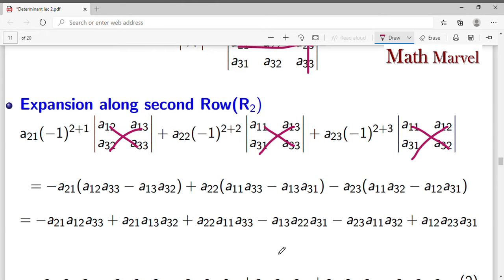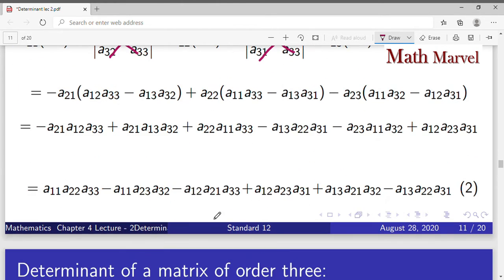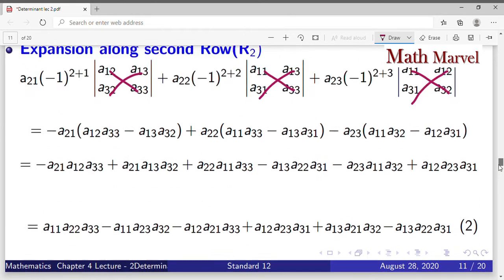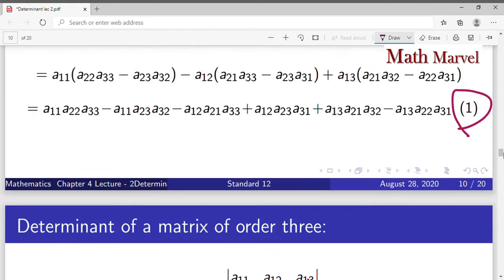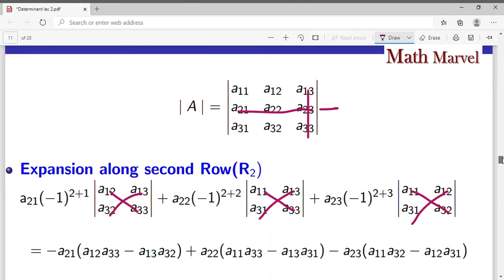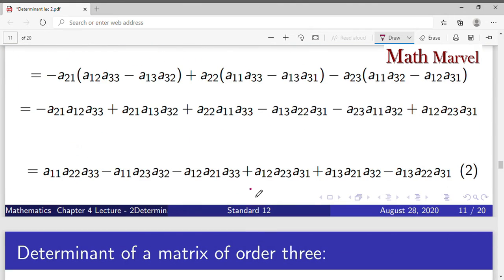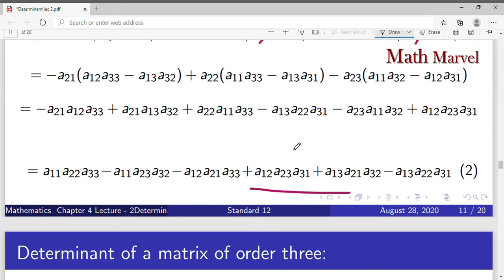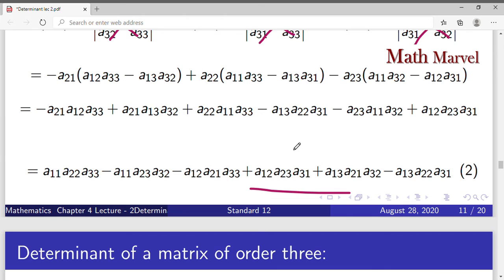Now open the brackets, rearrange, and name this equation 2. Now equate the values from equation 1 and equation 2. Earlier we derived equation 1 using the first row. If you compare, equation 1 and equation 2 give the same answer. Using row 1, row 2 or any row, we get the same answer.